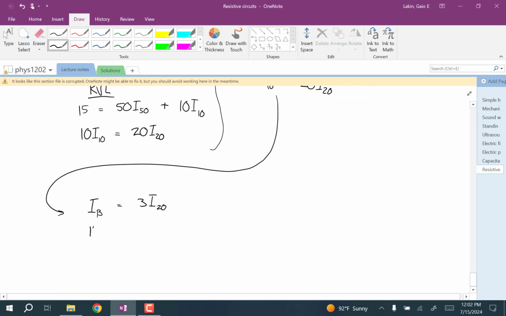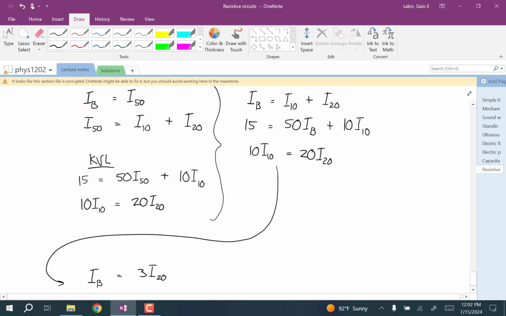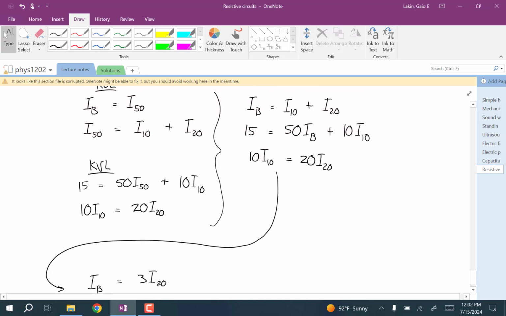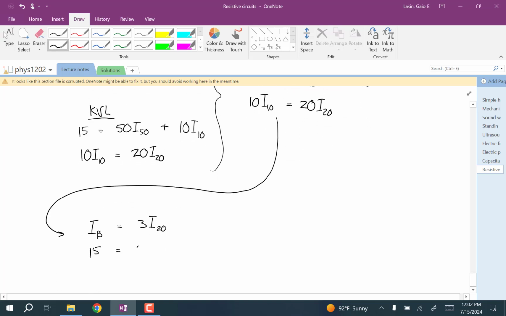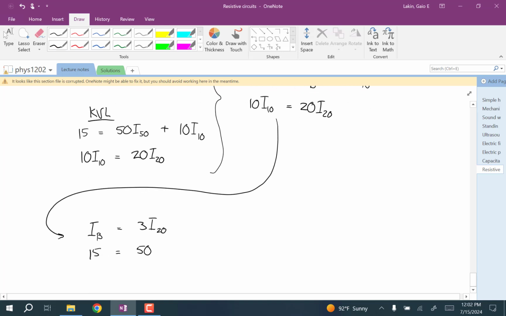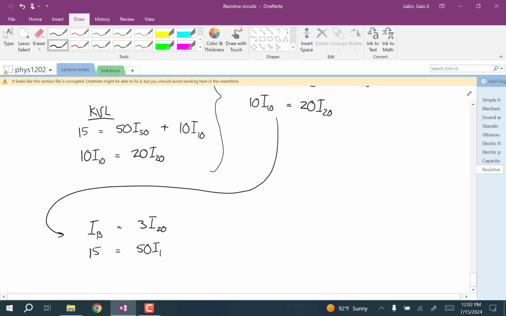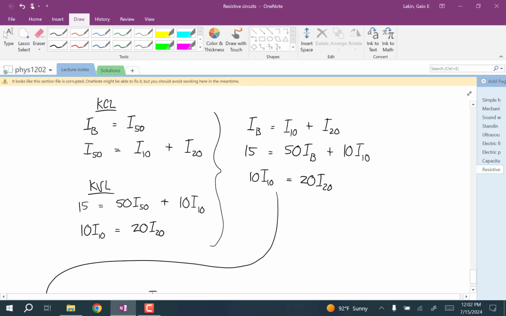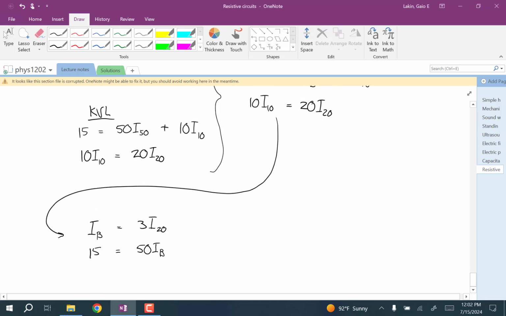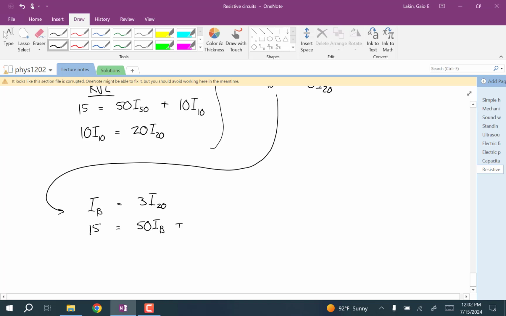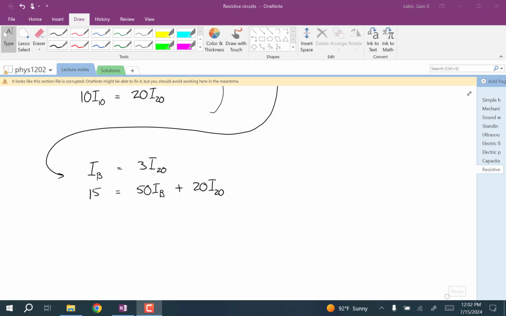And then we have that 15 is equal to, I'm going to replace this I10 with 2 I20, so this is 50 IB plus 20 I20.